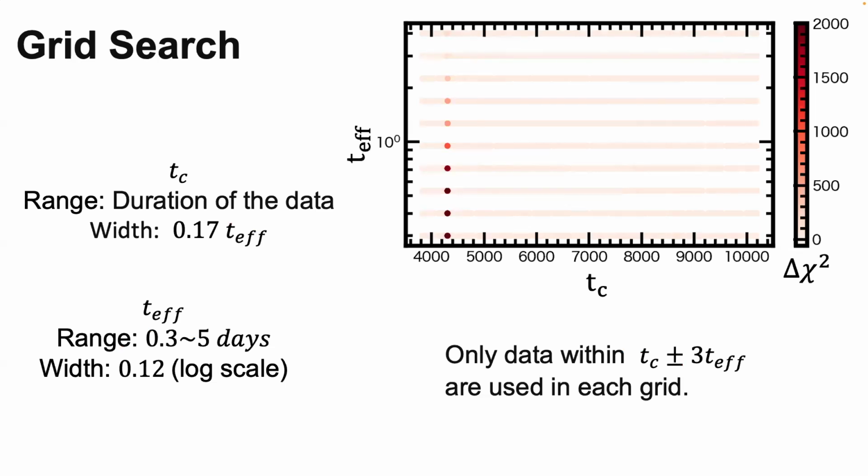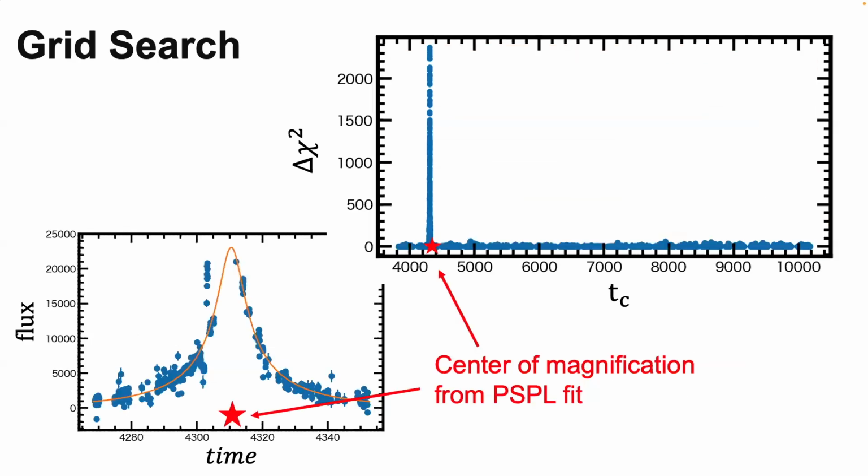And this is an example of the grid search. This horizontal axis shows the TC grid, and this vertical axis shows the T effective grid. This color map shows the delta chi-square between the PSPL model and the constant model. And this is another figure. This horizontal axis shows the TC grid, and the vertical axis shows the delta chi-square.